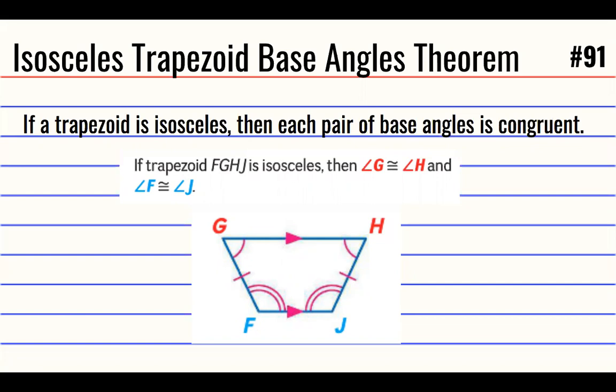Angle G is congruent to angle H, and angle F is congruent to angle J because this trapezoid is isosceles. And we know that it is isosceles because of these lines that are here, which are telling us that GF and HJ are congruent. Okay, so if it's an isosceles trapezoid, base angles are congruent.